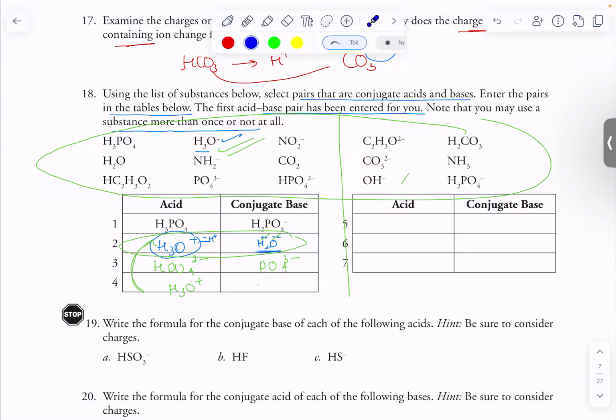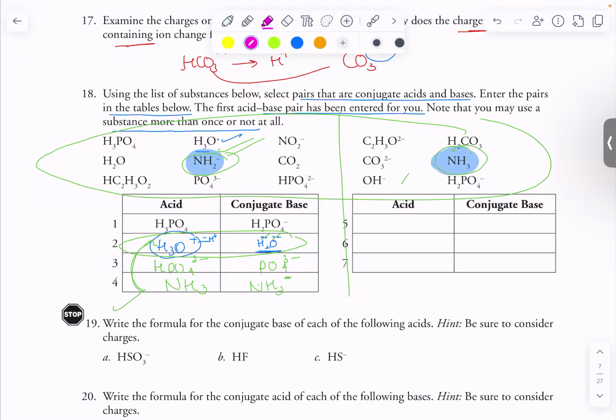Oh, okay. Then NH3 is an acid, and its conjugate base would be NH2 minus, which is in the list. And it's three. Yes, absolutely correct. So let me highlight this one and this one.